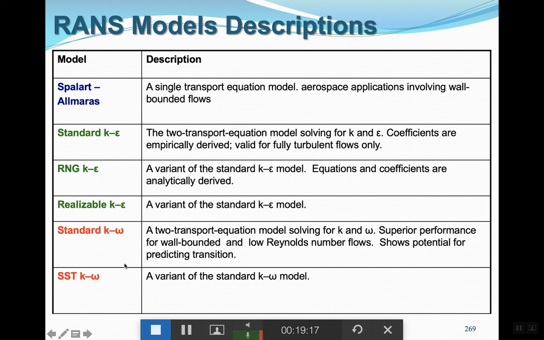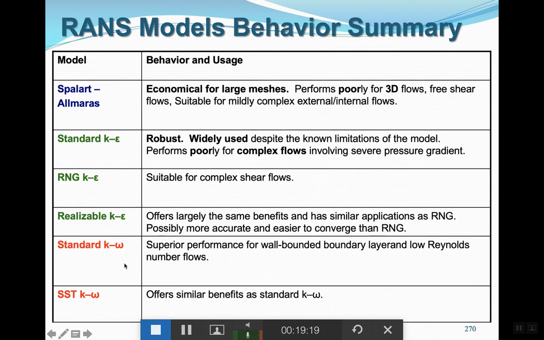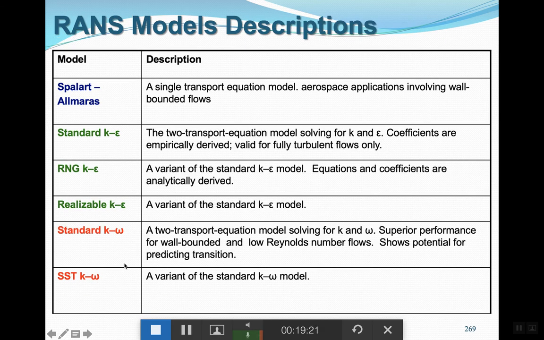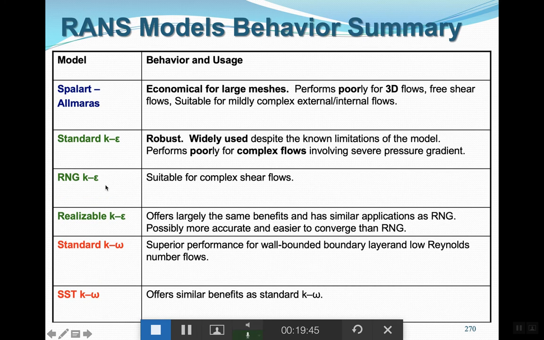There are two other models, standard k omega and SST k omega, that we didn't discuss, but these are based on kinetic energy and the vorticity, and they are not very common. That's why we didn't discuss them in this class. And I would say you should focus on these three models: the standard, RNG, and realizable k epsilon models.